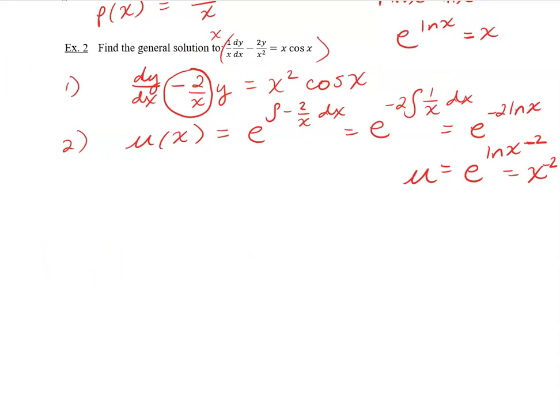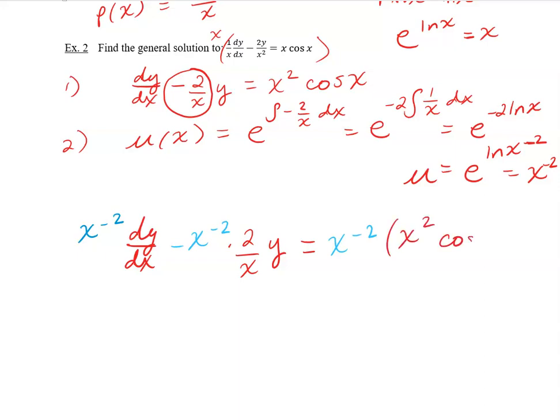So my equation now becomes x to the negative second times dy dx, and then minus x to the negative second again times 2 over x y, and then equals, on the other side, x to the negative second times, in parentheses for now, x squared cosine x.